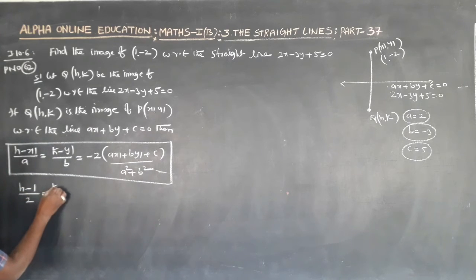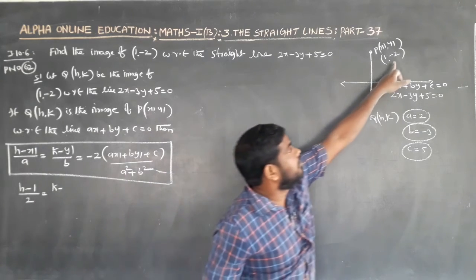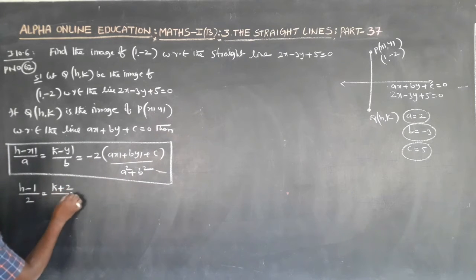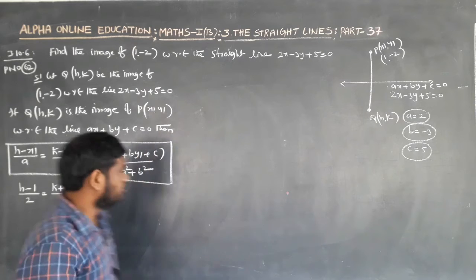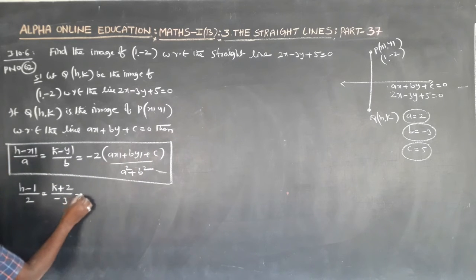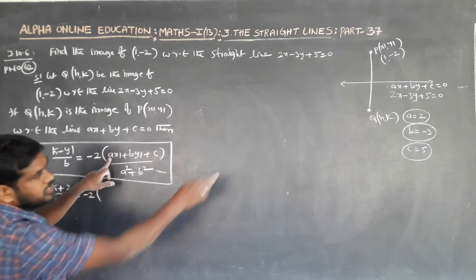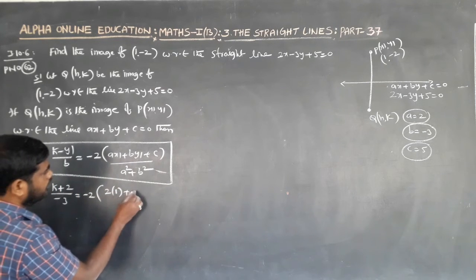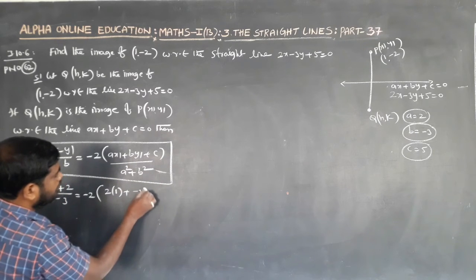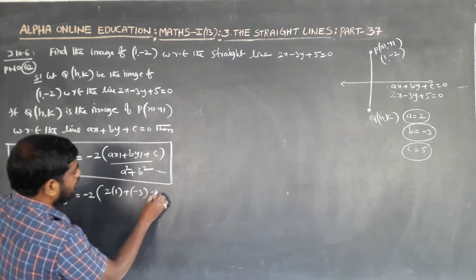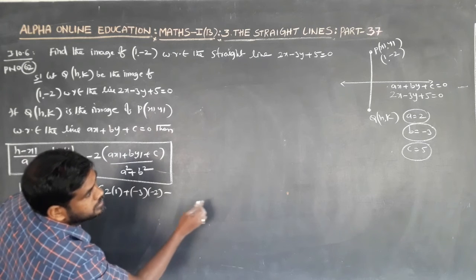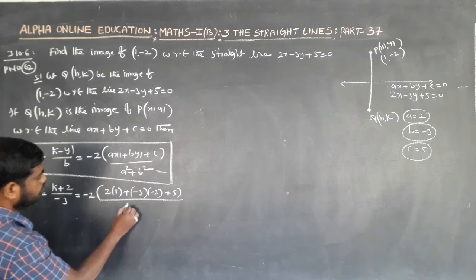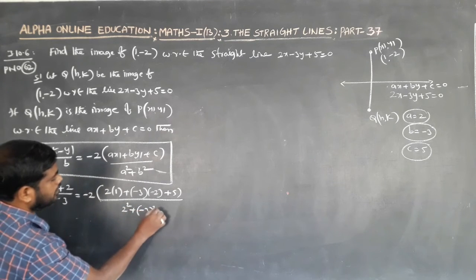(h minus x1) by a, where x1 is 1 and a is 2, is equal to (k minus y1) by b, where y1 is minus 2 and b is minus 3, equal to minus 2 of (a x1 plus b y1 plus c) by (a square plus b square).